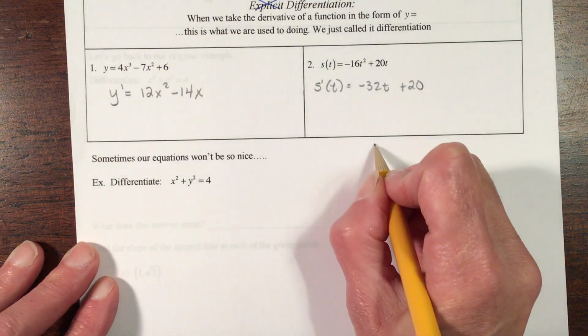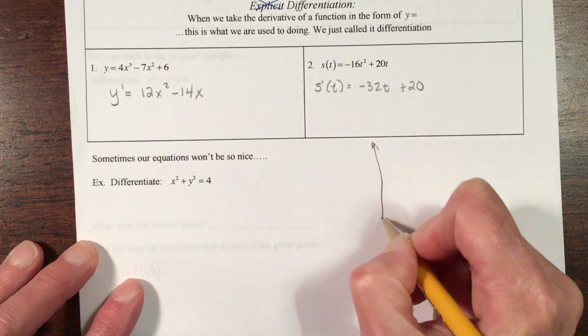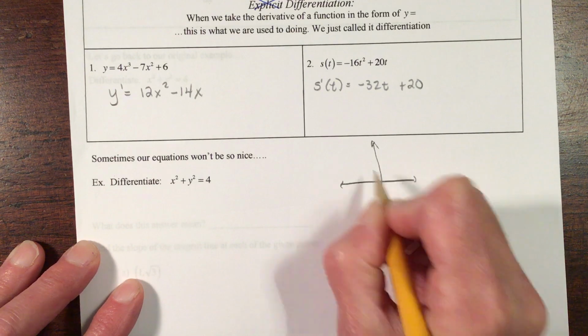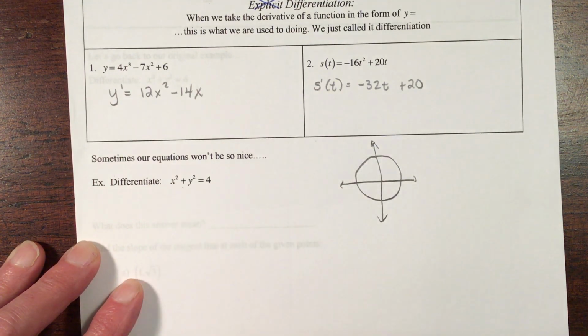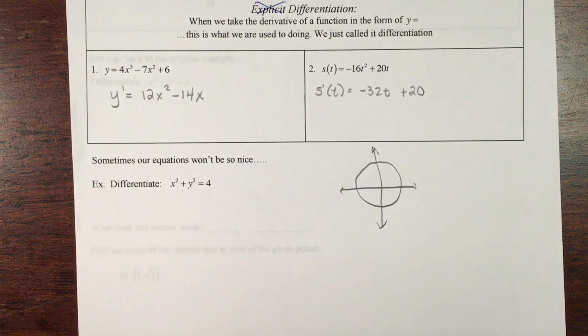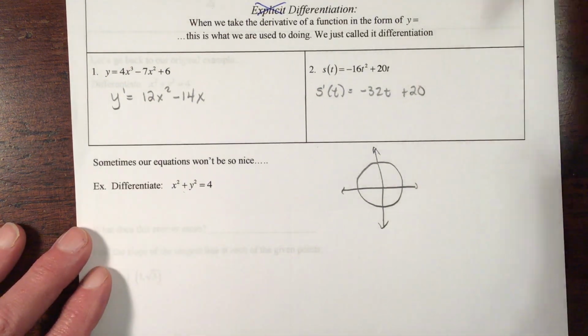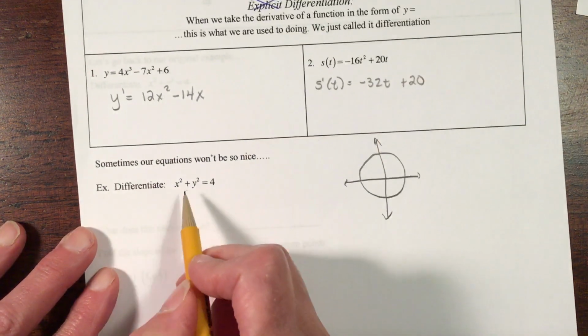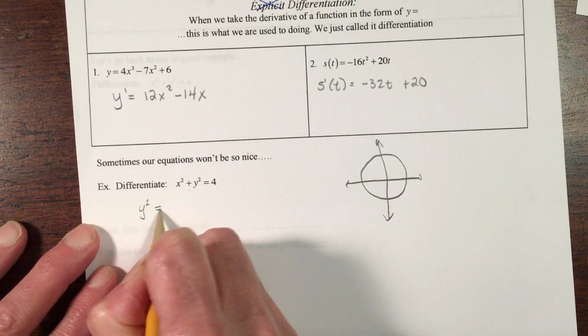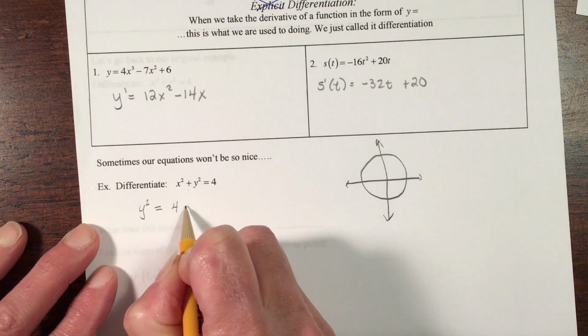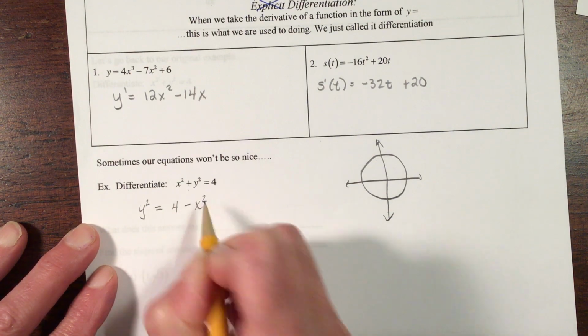I want to remind you, we're dealing with a circle. This is just a circle that has a radius of 2. When we deal with circles or things like this, we could actually solve this. We want to get our equation as y equals.